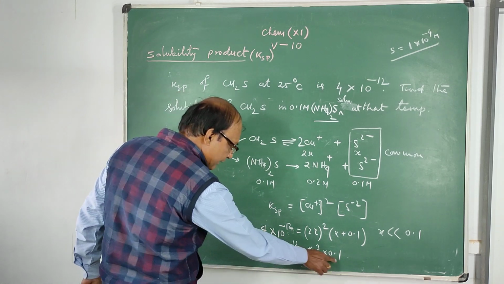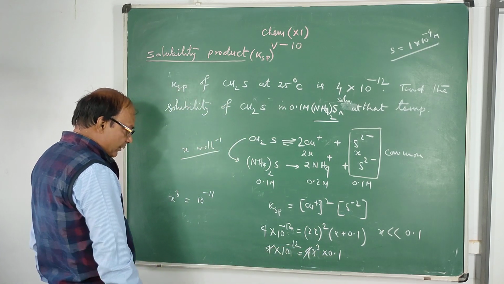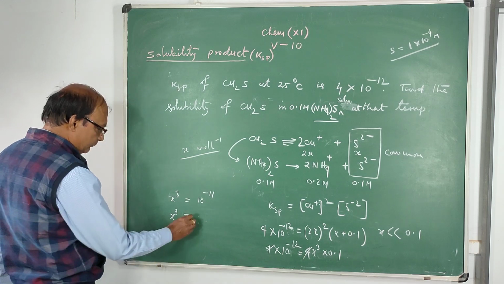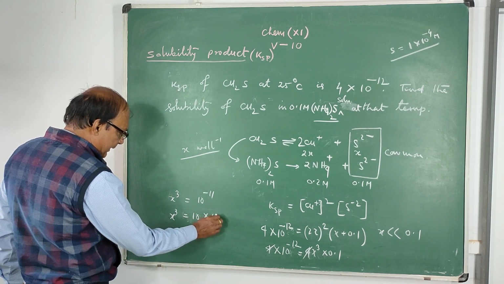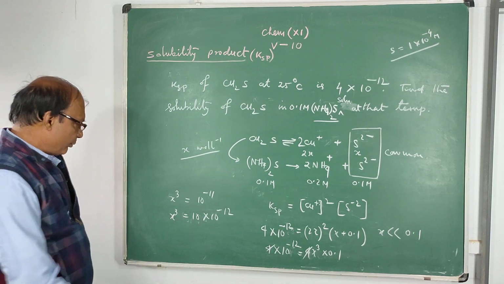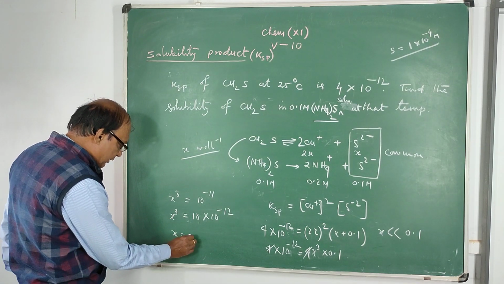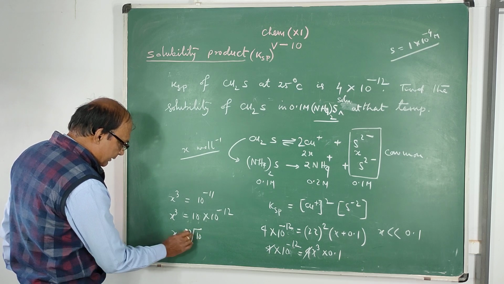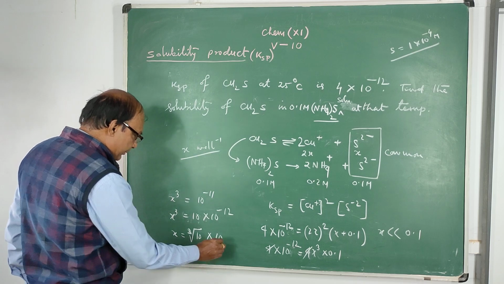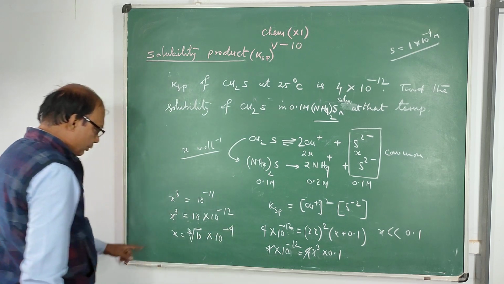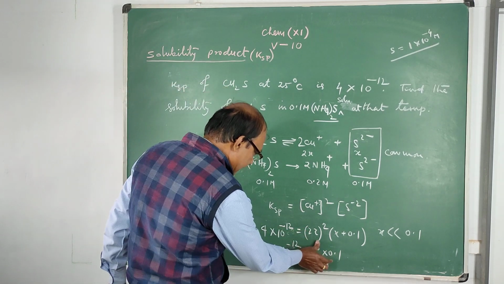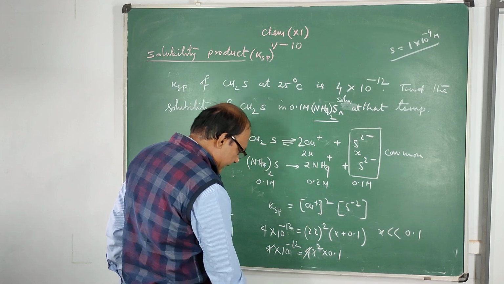Sorry, it is 4X square. I am wrong here. It is 4X square into 0.1.